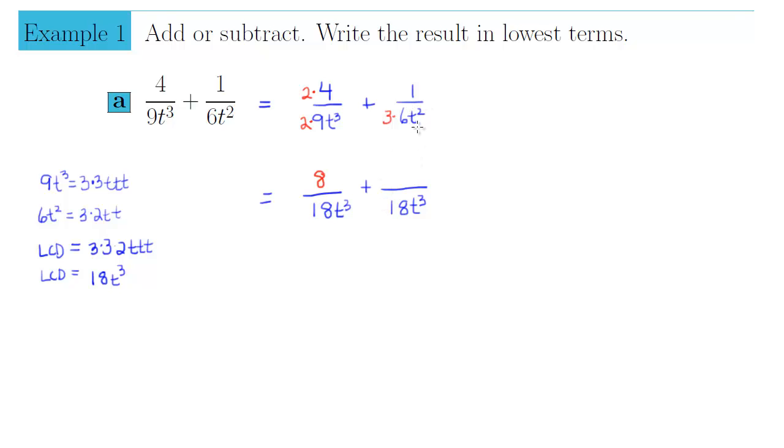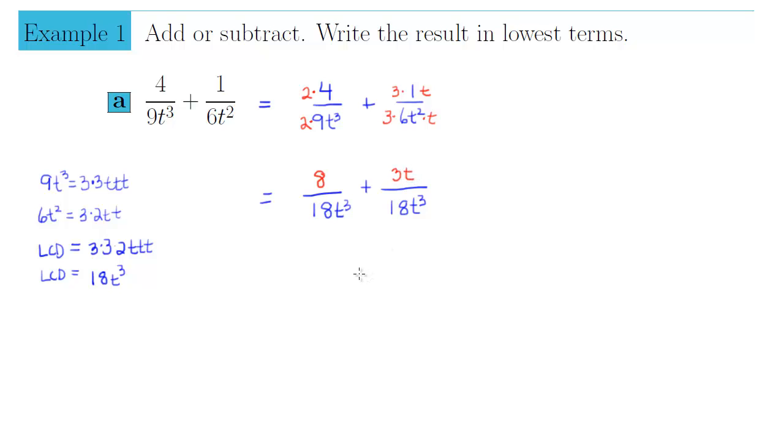And t squared is missing a factor t. t squared times t to the first power gives us t cubed. Whatever we multiply by in the denominator, we must also multiply by in the respective numerator. So that means we have to multiply the numerator by 3 and t. That means our new numerator is 3 times 1 times t, or just 3t.